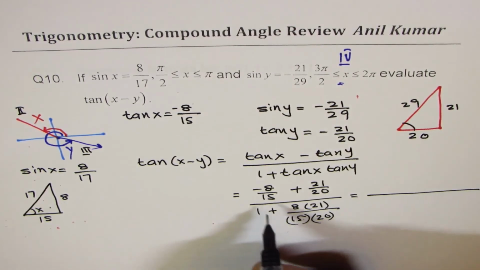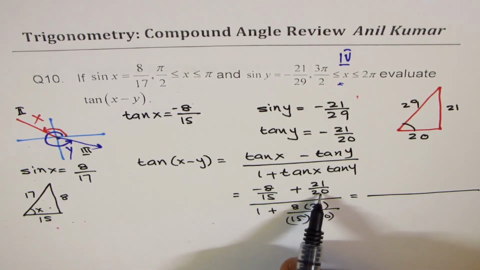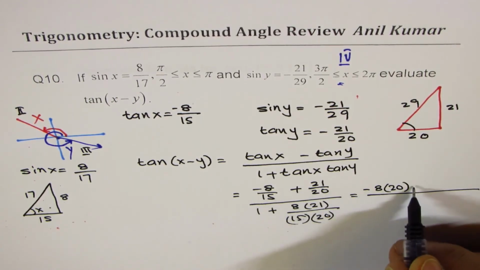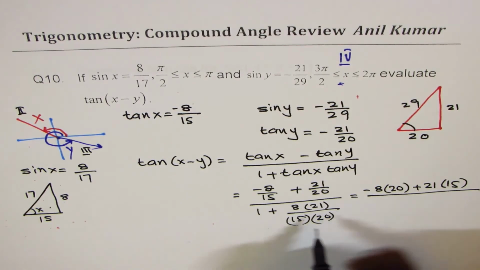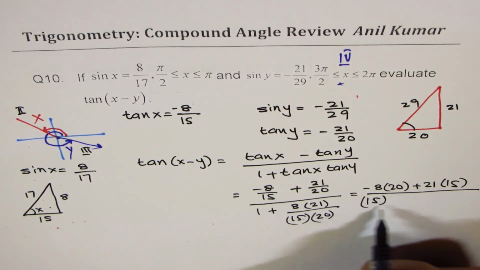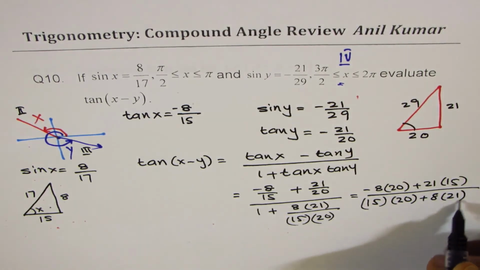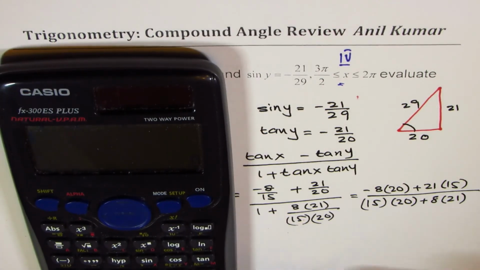Now 15 times 20, you can multiply both numerator and denominator. So in the numerator, we get minus 8 times 20 plus 21 times 15. And the denominator, you get 15 times 20 plus 8 times 21. Okay. Now this question is an exception, where I think you may be allowed the calculator, right? So taking the liberty of using the calculator now.